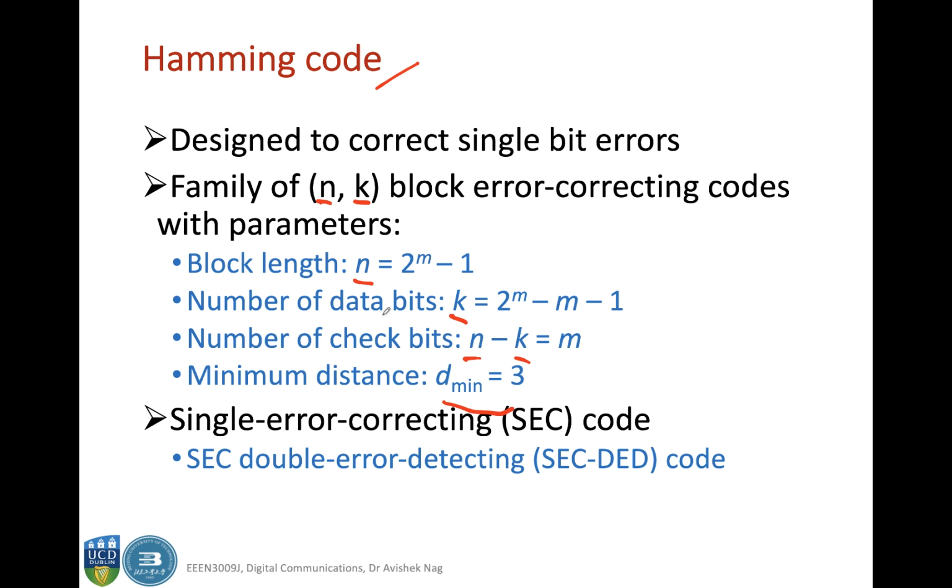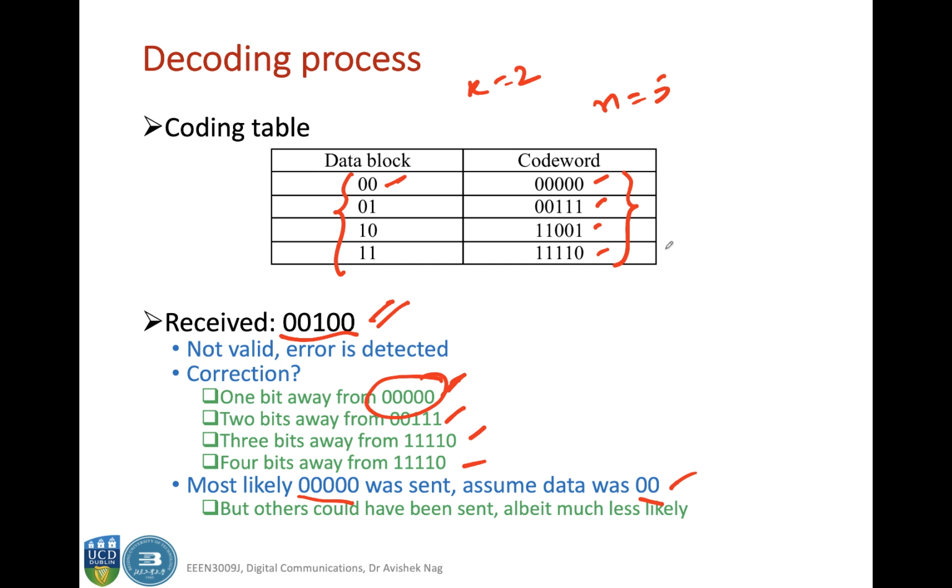The total number of code words possible is 2 to the power n, right? But if you go back to this example, if the message is k bits long, then the total number of code words is 2 to the power k.